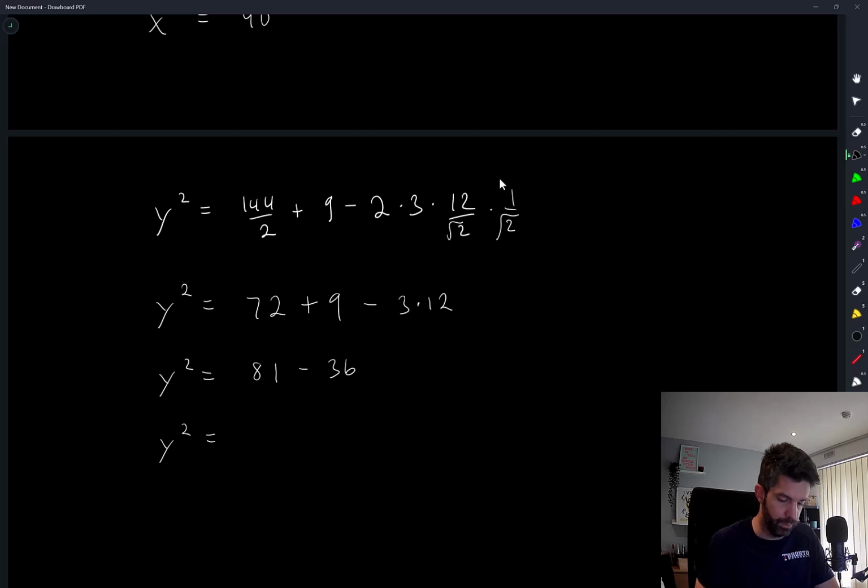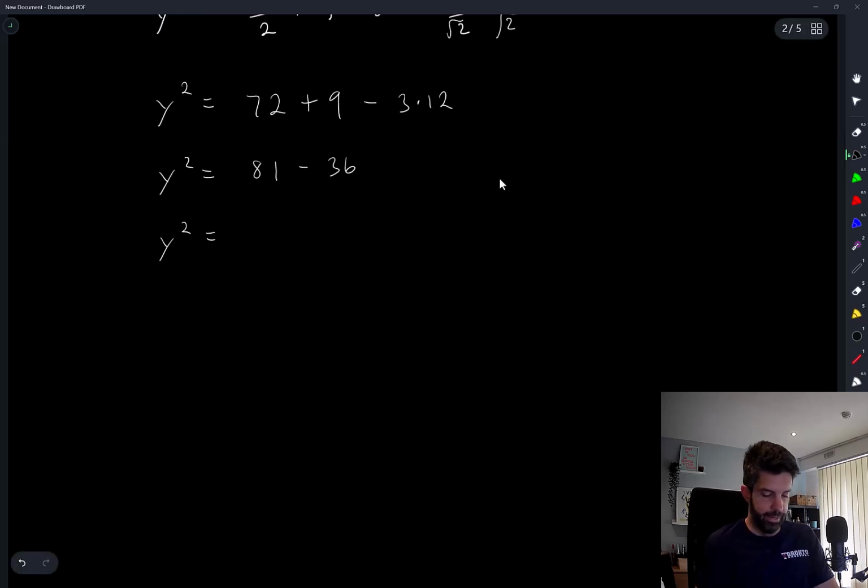Y squared is equal to, let's see, 55. No, 45. Is that right? 81 minus 6 is 75 minus 45, yeah.